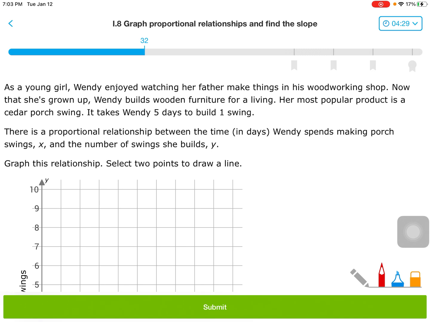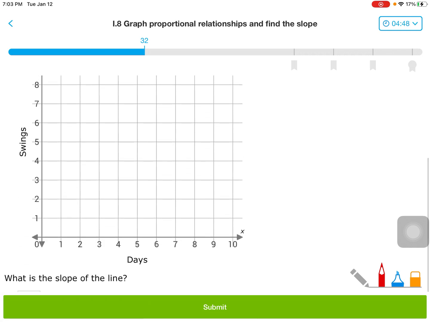All right, a young girl, Wendy, enjoyed watching her father make things in his woodworking shop. Now that she has grown up, Wendy builds wooden furniture for a living. Her most popular product is a cedar porch swing. It takes Wendy 5 days to build 1 swing. 5 days, 1 swing. 10 days would be 2 swings.